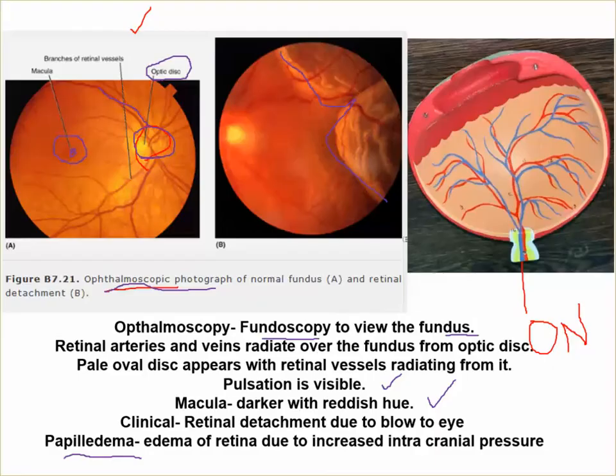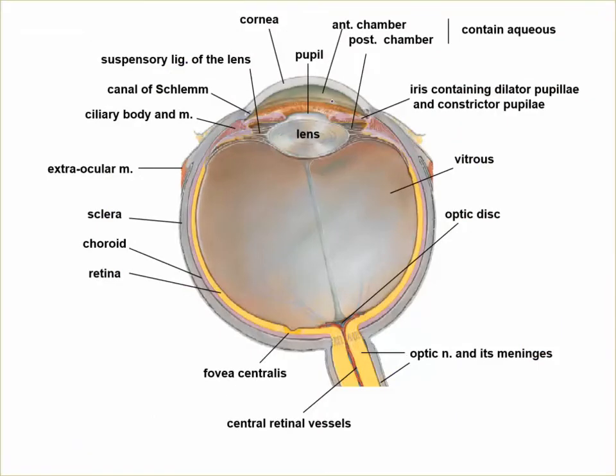Papilledema. So again, you can have a view of all the three layers of the eyeball. The outer layer is the fibrous layer, which consists of the sclera and the cornea, which is transparent and present anteriorly.